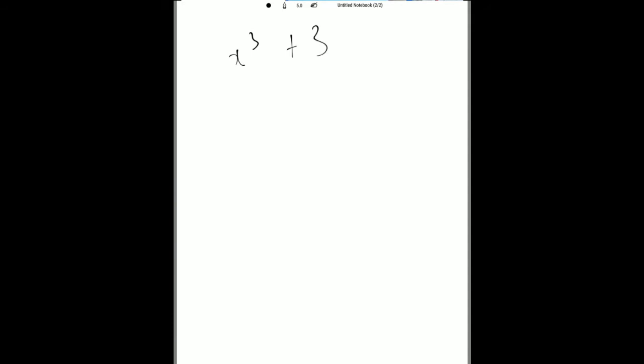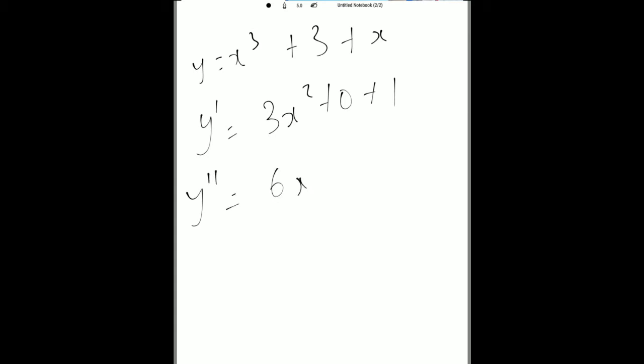Let's say that y is equal to x cubed plus 3 plus x. Let's find y prime. Y prime would be equal to 3x squared plus 0 plus 1. And y prime prime, which is the second derivative, would be equal to 6x. So we just found the second derivative.